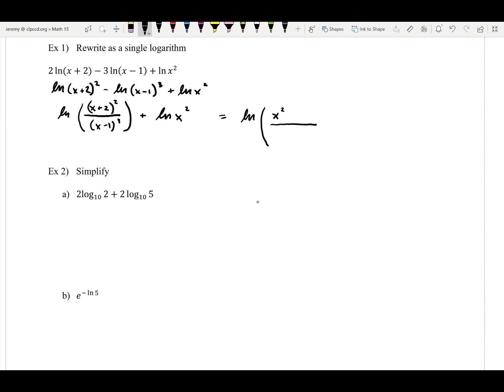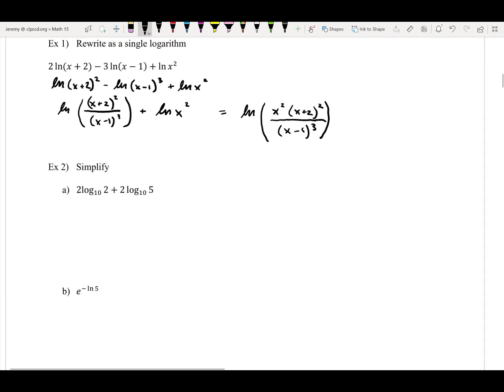Because it's like x squared over 1 times x plus 2 squared, divided by, in the denominator, we still just have that x minus 1 cubed. So that would be our answer. That's how we would compress that expression down to a single logarithm.